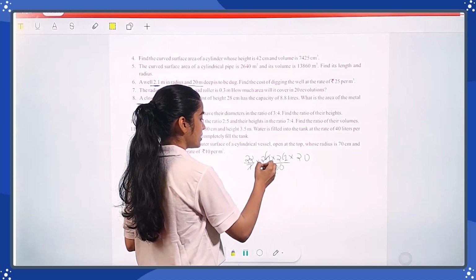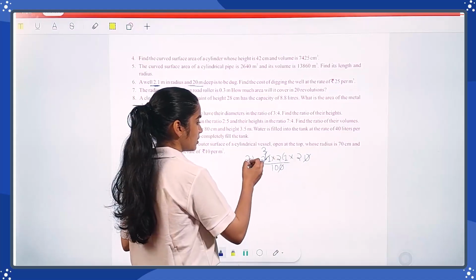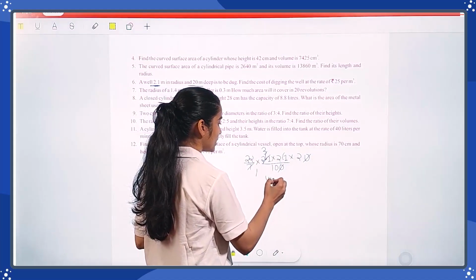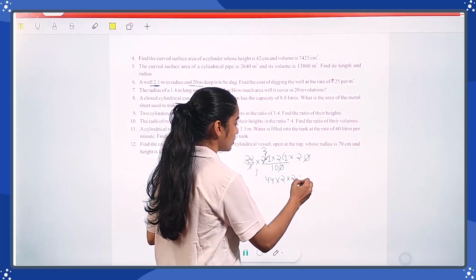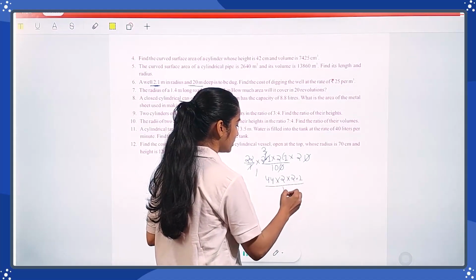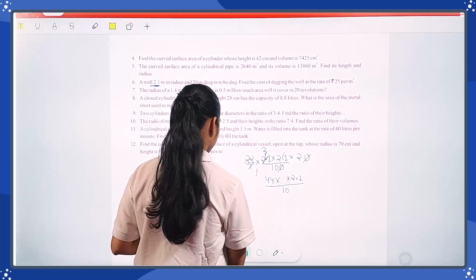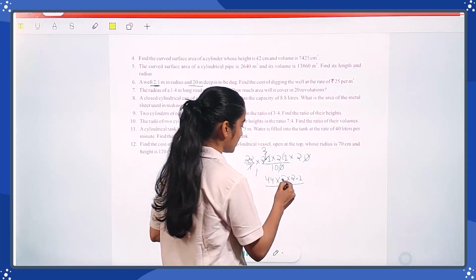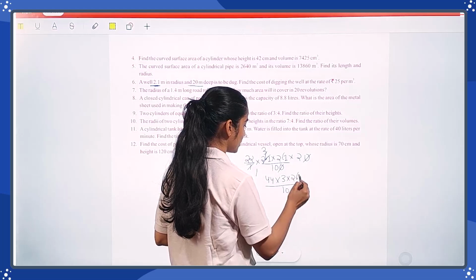7 ones are 7, 7 threes are 21, 0 is cancelled out with 0. Now you have 44 multiplied by 2 multiplied by 2.1 and divided by 10. 44 multiplied by 3. So you have to solve this. We are removing this now.